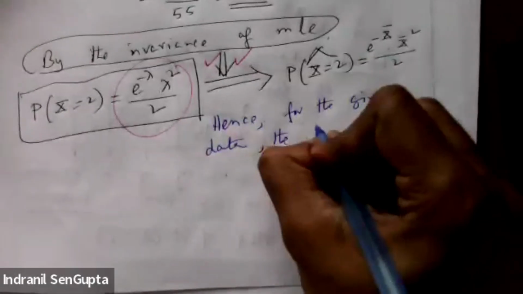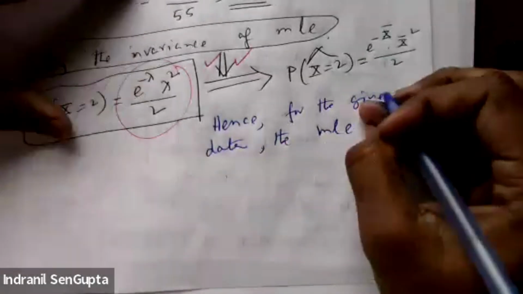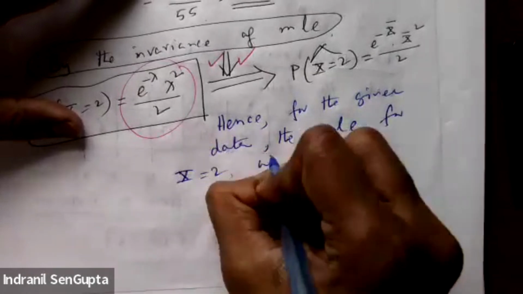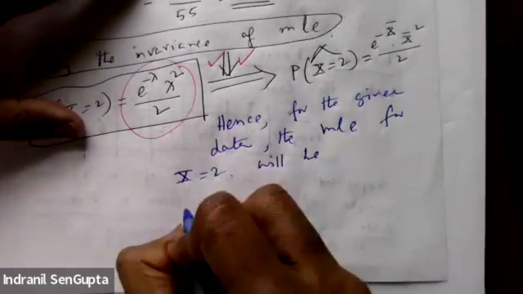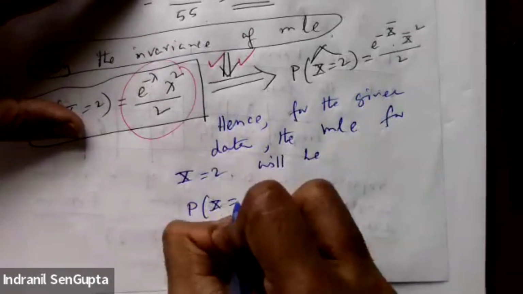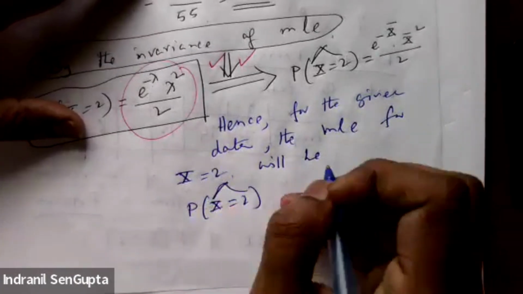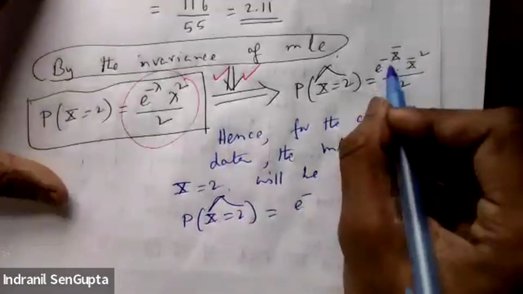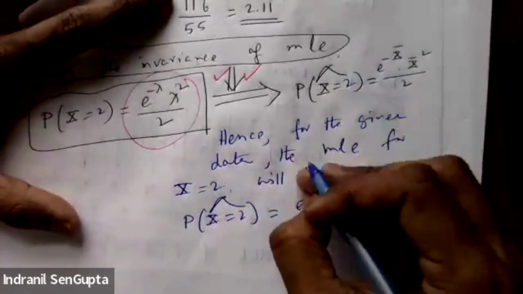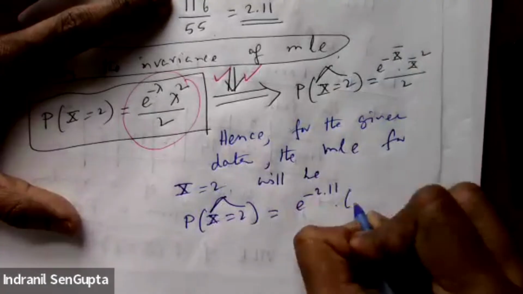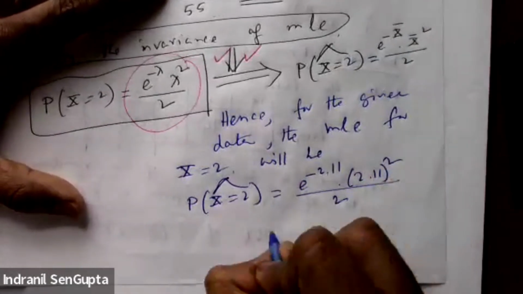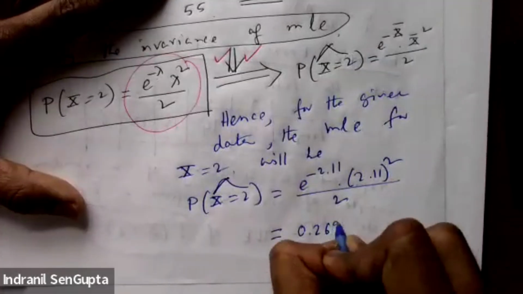The MLE for probability of x equals 2 is e to the minus x bar, with x bar estimated by 2.11, so 2.11 squared over 2, which is approximately 0.2699.